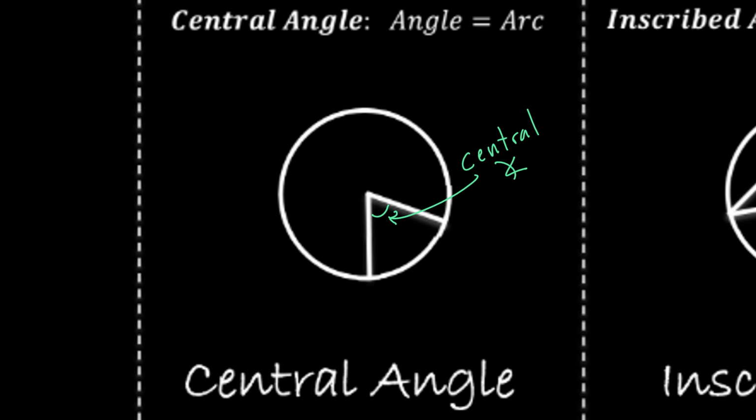So the segments that create the angle also create an arc on the edge of the circle. So this right here is the arc that the angle creates. So if the central angle is 100, what is the arc going to be? They're equal.